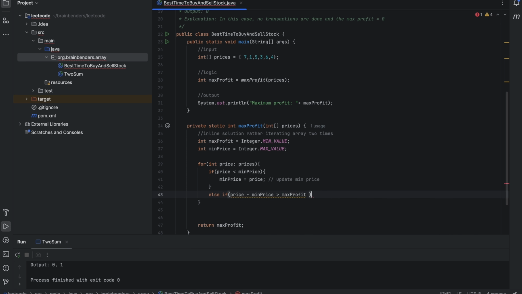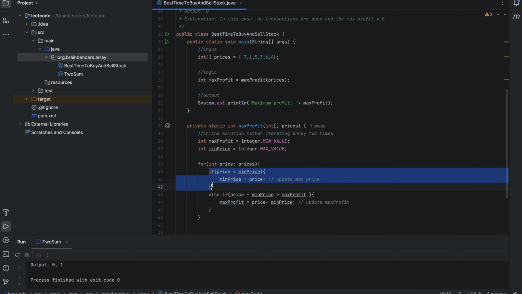In that case, I need to update my max profit, which is price minus min price. So this will update max profit. What I'm doing is very simple.